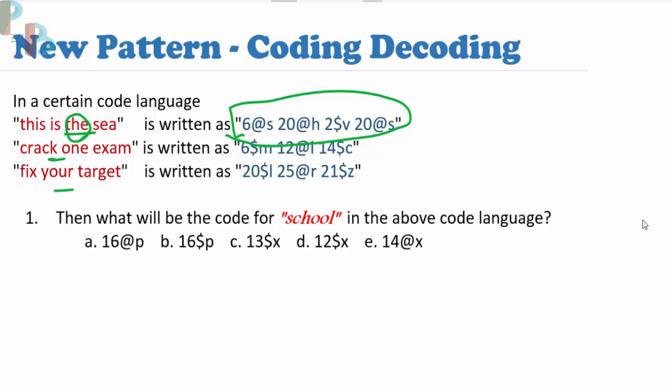For T we get 20, for H we are getting 8, and for E we are getting 5. Now our first target will be to find out some link from this number 5 or 8 or 20 in the code, right?